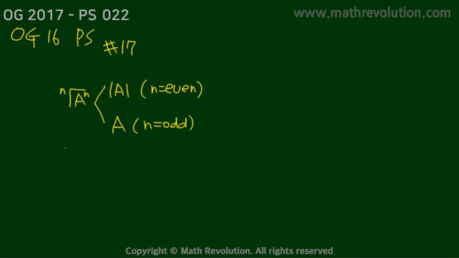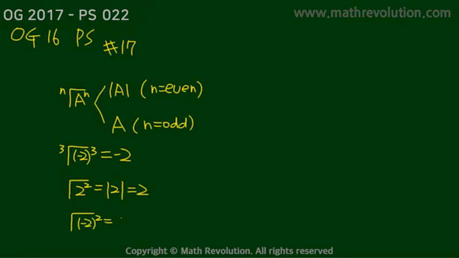So for example, the cube root of negative 2 to the power of 3 is just negative 2. But the square root of 2 to the power of 2 is the absolute value of 2, which is 2. Likewise, the square root of negative 2 to the power of 2 is the absolute value of negative 2, which is 2 again.